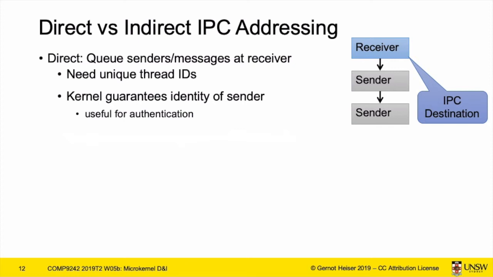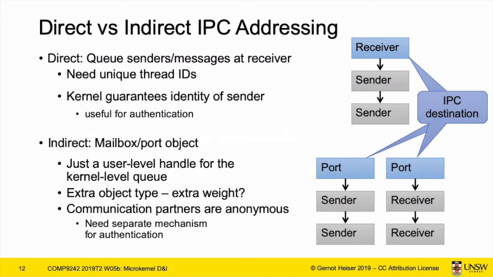This is easy in a way, and it guarantees you authentication because the kernel, when delivering the message, will deliver the sender's unique ID with it, and the receiver knows where it's coming from. And of course, the seL4 model is to have a port-like intermediary where you send to a port, you receive from a port.